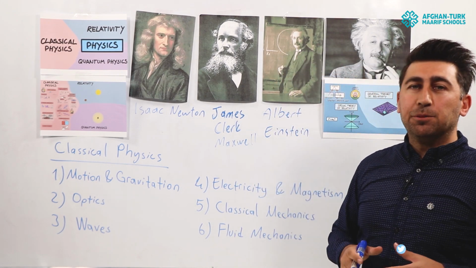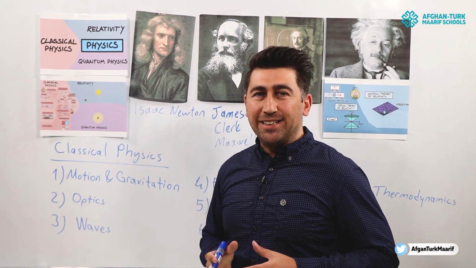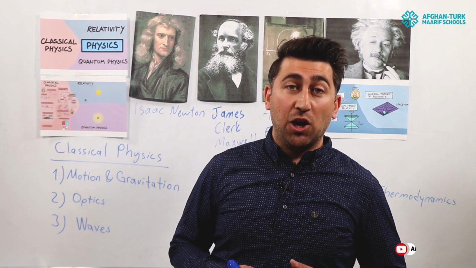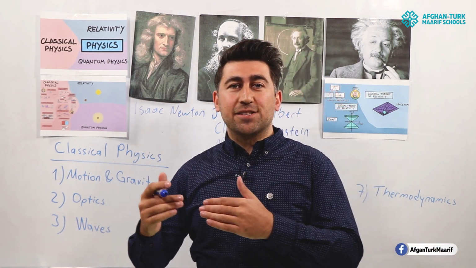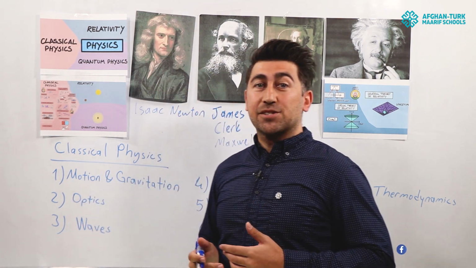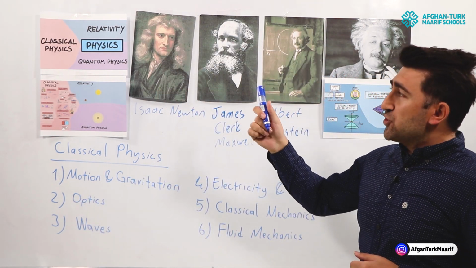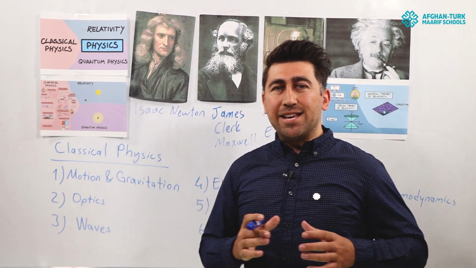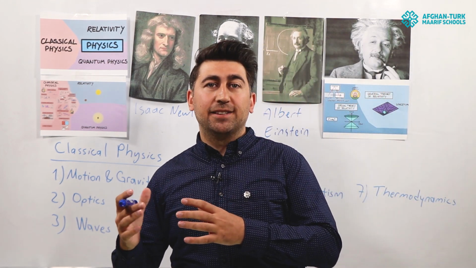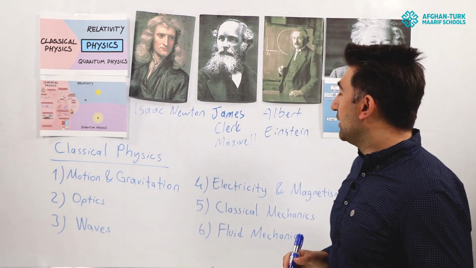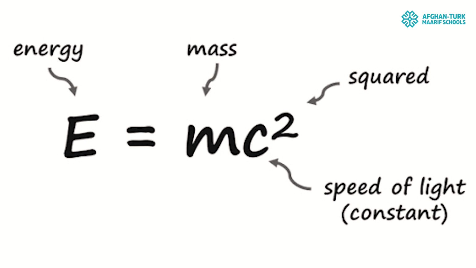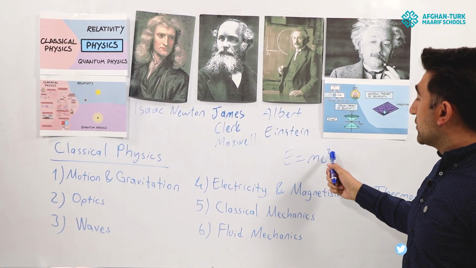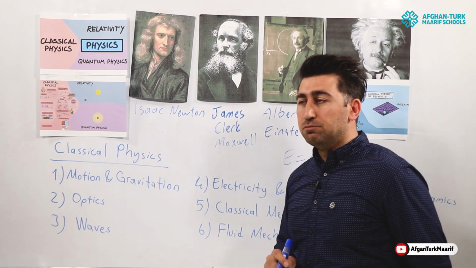Special relativity predicts that the speed of light is constant for all observers, which means that when you travel really fast, weird stuff starts happening, like time slowing down. Special relativity also states that mass and energy are two aspects of the same thing, through the famous formula of Albert Einstein, which is E = mc². Energy is equal to mass times the square of the speed of light.